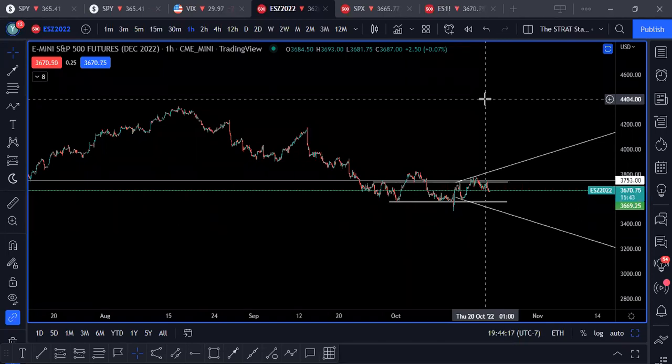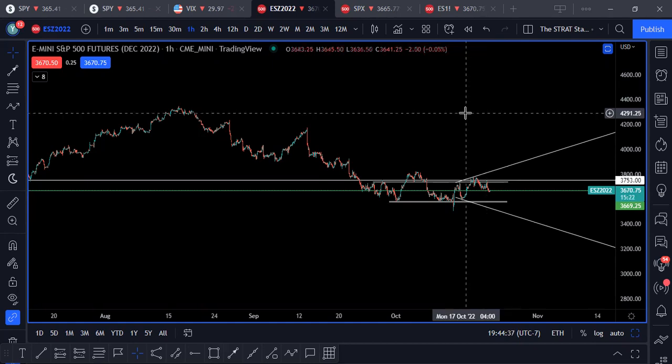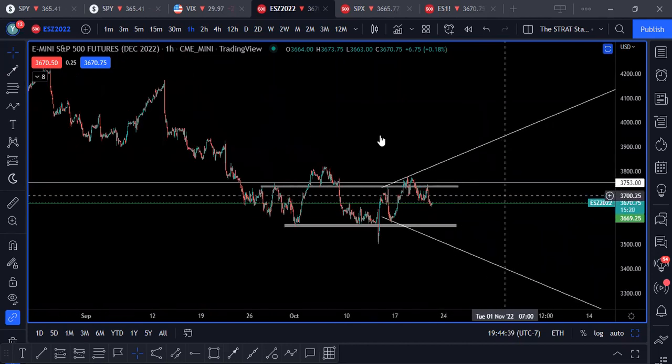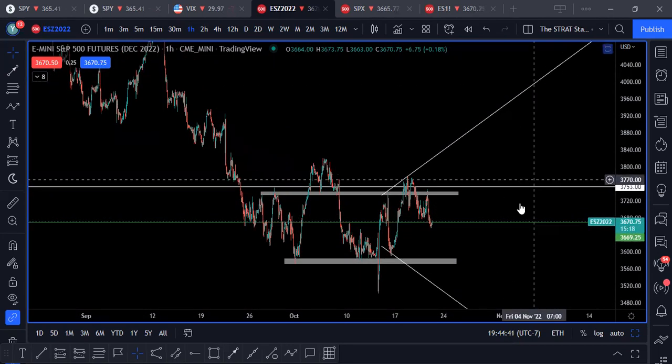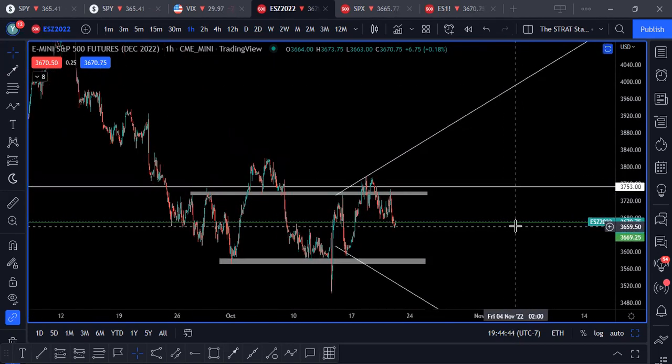I jumped in and had a position in SPY earlier in the day. I was looking at the charts on TradingView and pricing on my phone with Thinkorswim, and I'm like, wait a second, this is delayed by 15 minutes. So I was just watching SPY, and the pricing was somewhat in line.